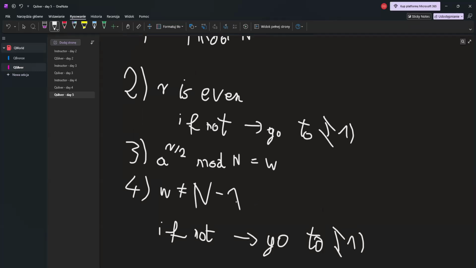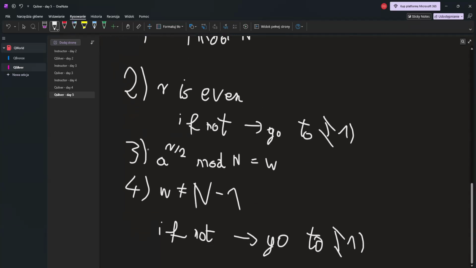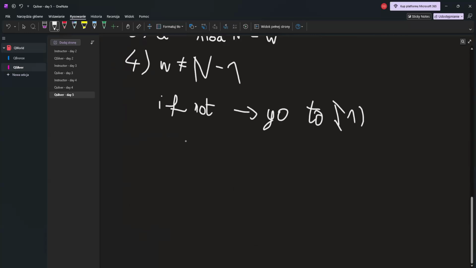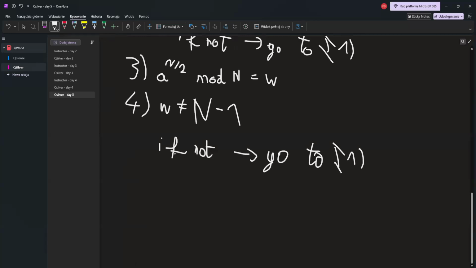So about half the time we will need to start everything again, because even if you find a correct R in terms of this equation, it might not be suitable for further steps that I will present in a moment. Those steps are mostly classical, so only this step is quantum. We are talking mainly about pre-processing and post-processing around the order finding algorithm.